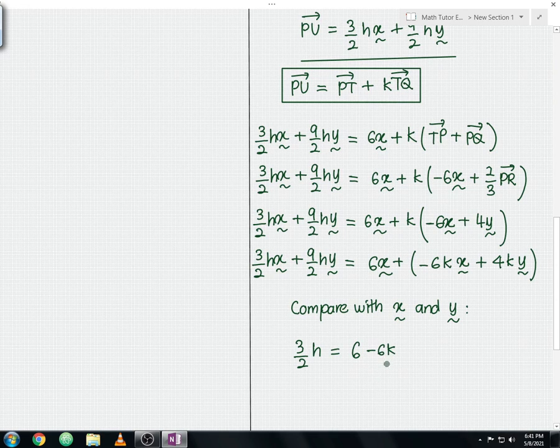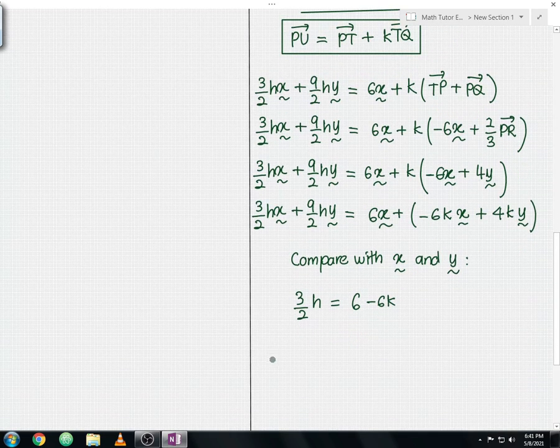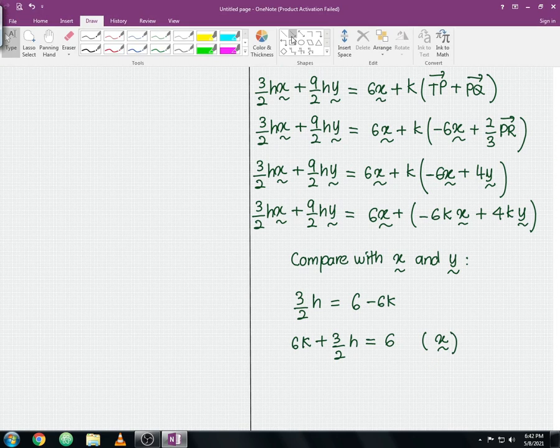So what I'm going to do is I'm going to move this negative 6k to the left hand side, so it will become positive. So now it will become 6k plus with 3 over 2h equals to 6. So this will be your equation of x component. So let me label this.